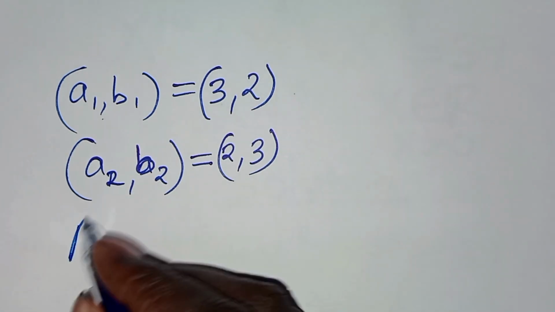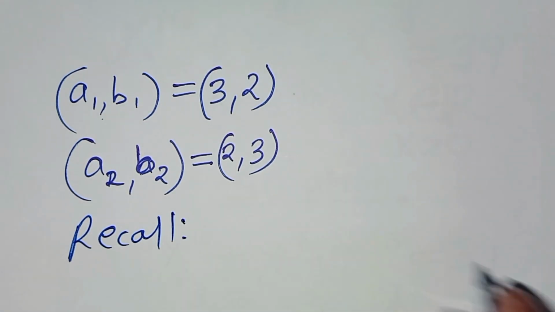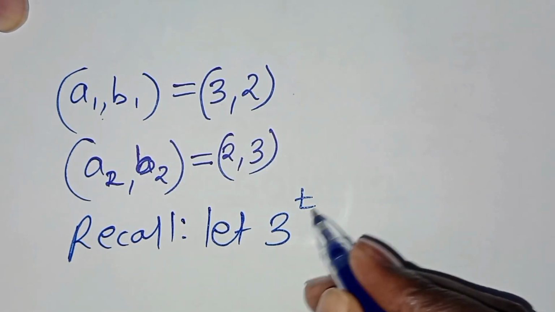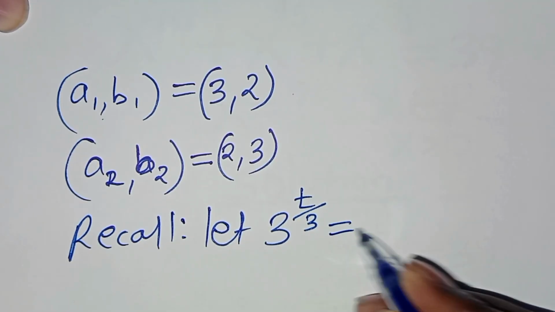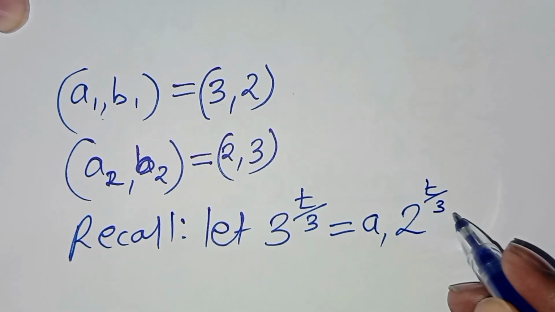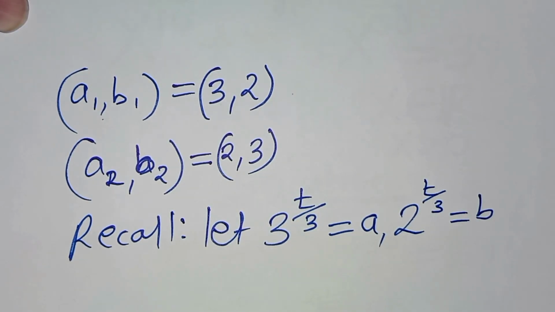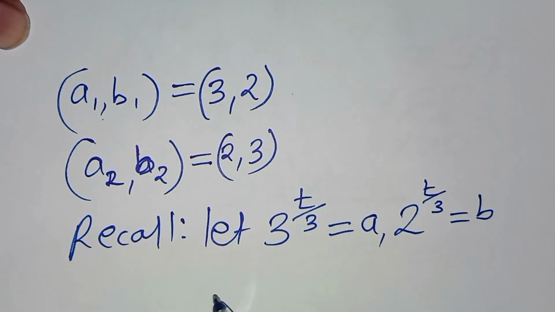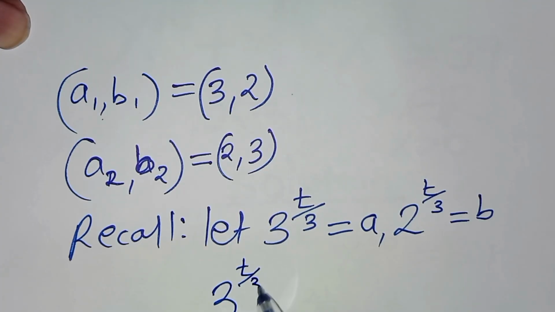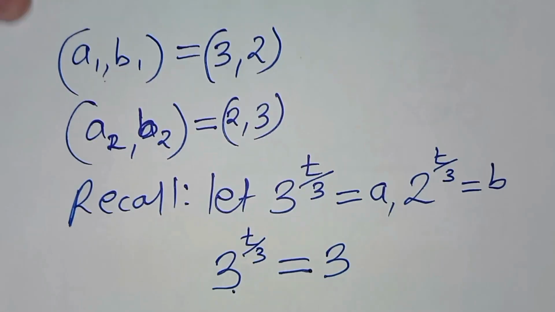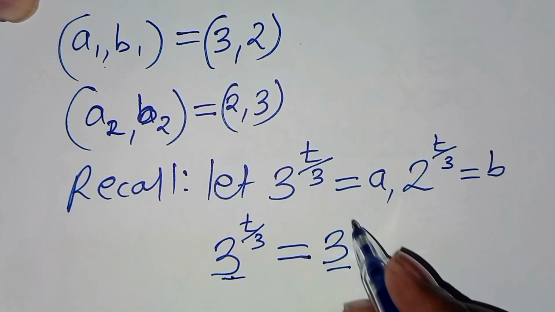Now, if you recall, we are saying that let 3 to power t divided by 3 be equal to a, and 2 to power t divided by 3 be equal to b. So let's compare a1 and b1 in this case, which is 3 to power t over 3. This is equal to a, which is equal to 3. And in this case, you can see that the bases are common here. So this is 3 to power 1.